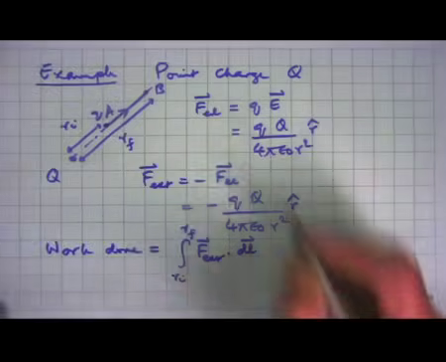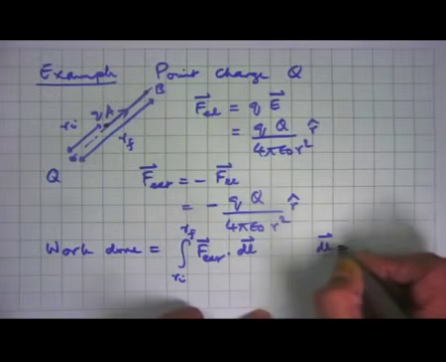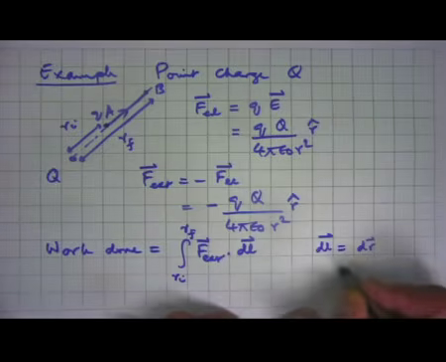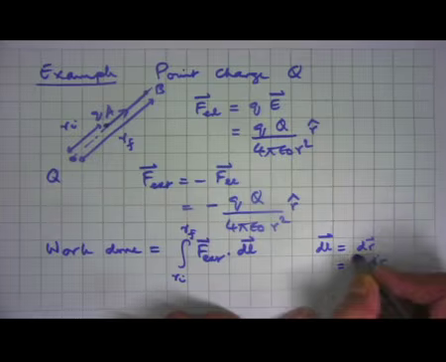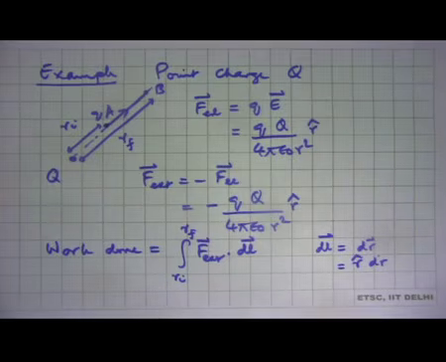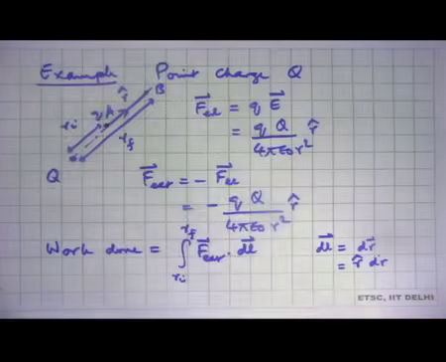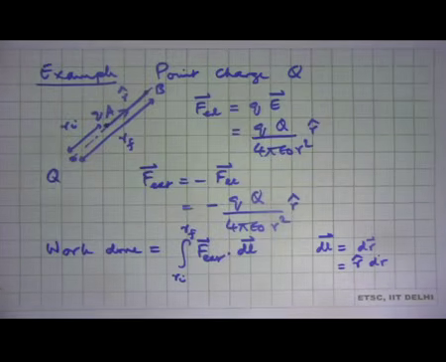In this case, dl vector is nothing but dr vector, which is equal to dr r cap, because the vector is along the r cap direction, as we had discussed in Coulomb's law.